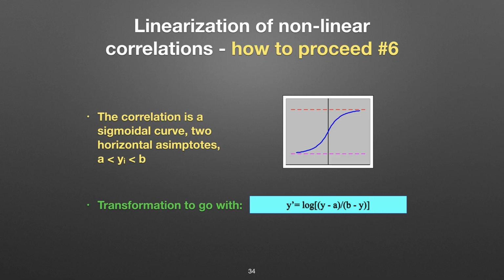This is a classic way to straighten an S-shaped dependence into something more manageable. So the lesson here is that even if the original relation looks quite fancy, curved, and biologically or chemically dramatic, there is often a transformation that brings it back into the comforting world of linear models, which is exactly where chemometrics likes to drink its coffee.